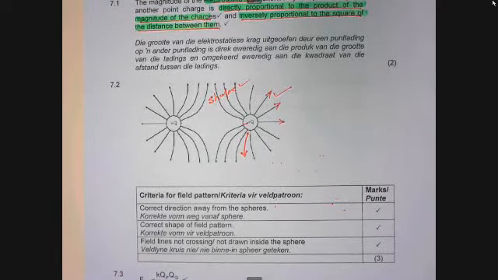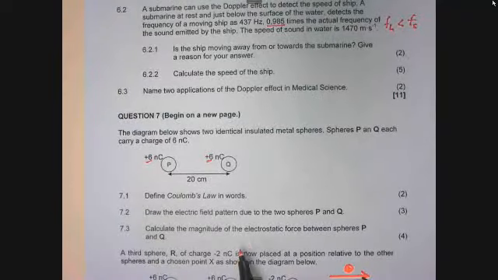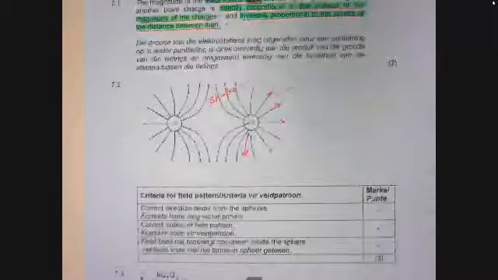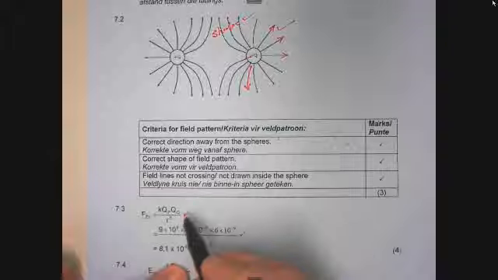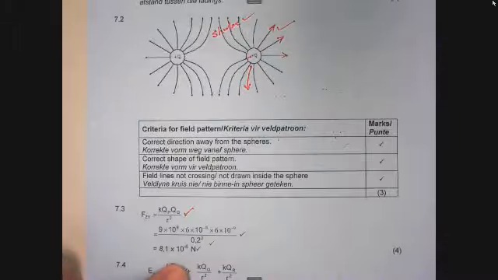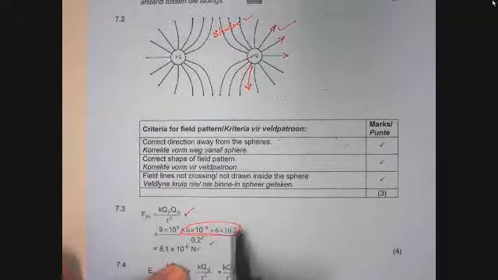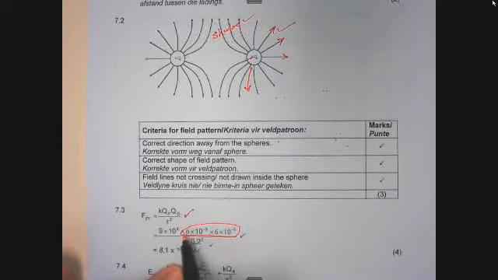Then moving on to question 7.3. Calculate the magnitude of the electrostatic force between spheres P and Q. Right, making use of Coulomb's law. 1 mark for the formula. 1 mark for substituting the 6 times 10 to the power minus 9 for both spheres. 1 mark for substituting the value of the distance correctly, 0.2 meters squared, and 1 mark for the final answer.